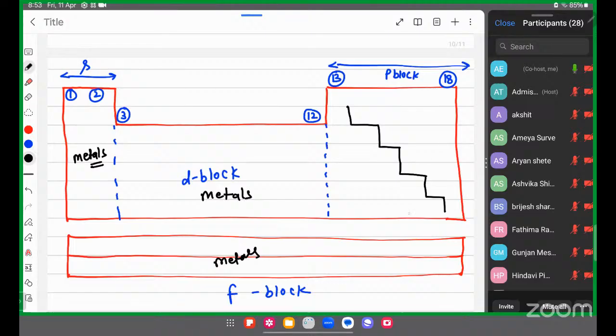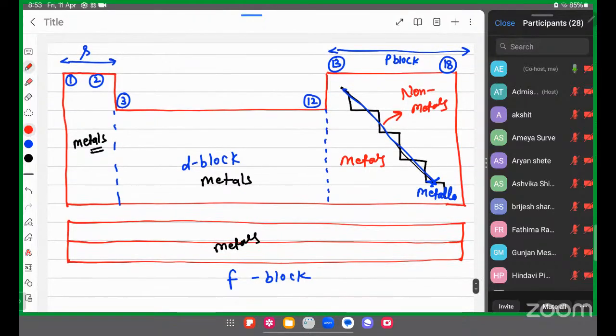At the zigzag line, it has metalloids. On the right hand side of the zigzag, it has non-metals. And on the left hand side, it has metals. This is a rough idea about the modern periodic table.